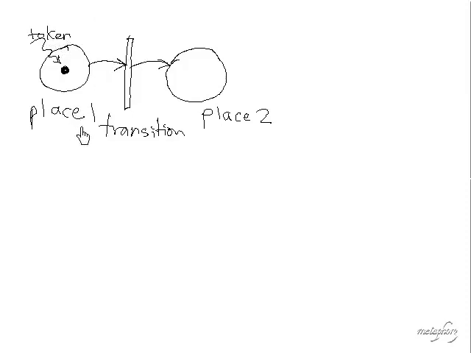Alright, so what happens then is that in the execution of this particular Petri net, and this is a valid Petri net, it's got a couple of places and a transition, this token moves through the transitions to the outgoing places.